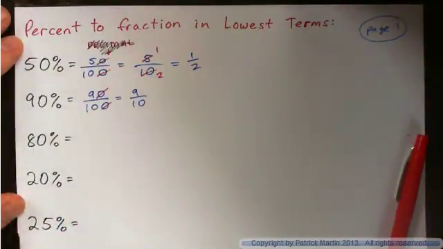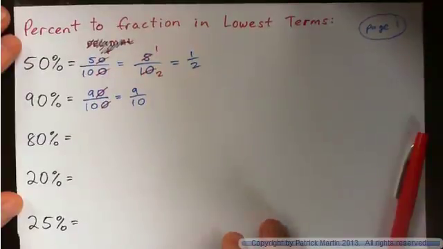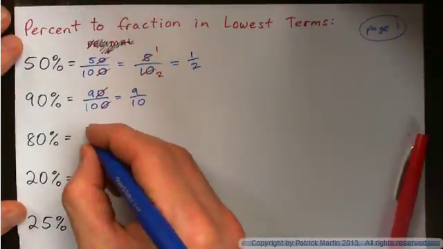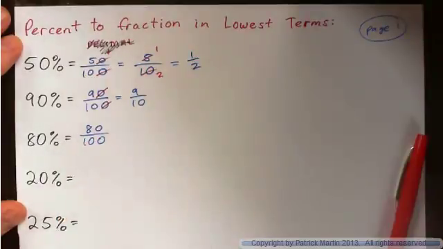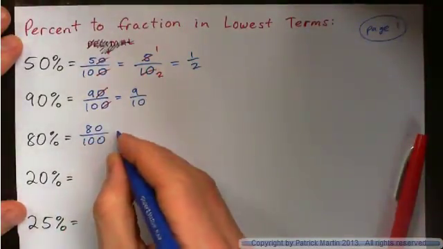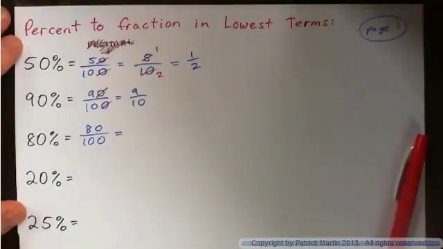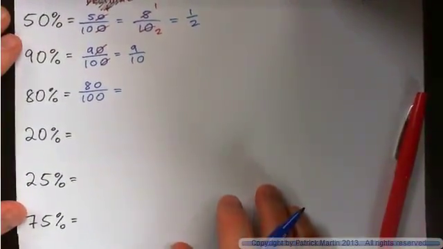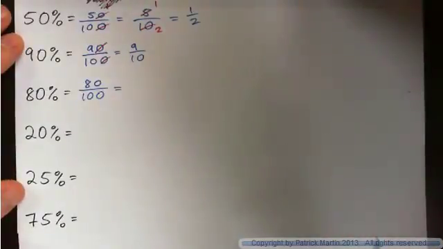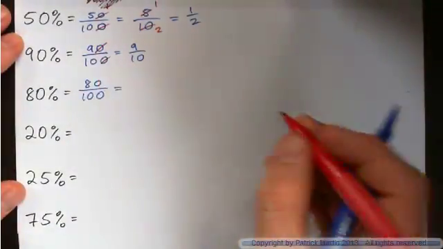80%. Do this one. 80%. 80 per 100, right? And what does that give? And by all means, go faster than me if you can.